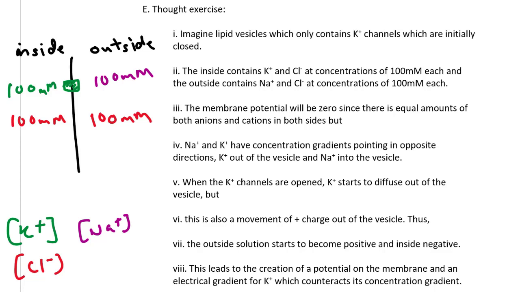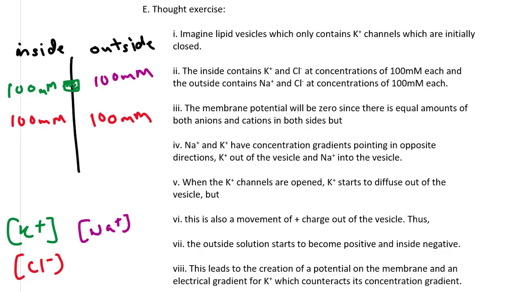So obviously the charges balance out. Cl-, the red, is negative, and the two other ones are positive, so you have balance in charges across the membrane. But you can see that there's no chemical gradient for Cl- in this case, but there's definitely a chemical gradient for sodium pointing directly in, and for potassium pointing directly out, because there's no potassium on the outside.